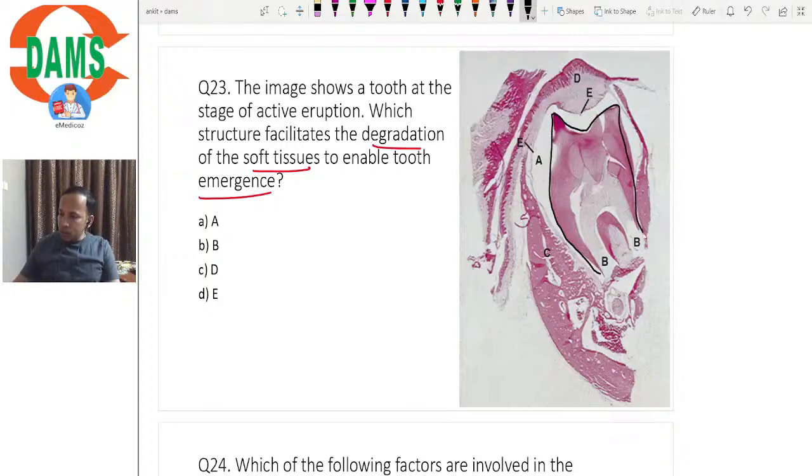This is the tooth, isn't it? And here is the overlying epithelium, isn't it? So they are asking which structure facilitates the degradation of the overlying epithelium for the emergence of the tooth.